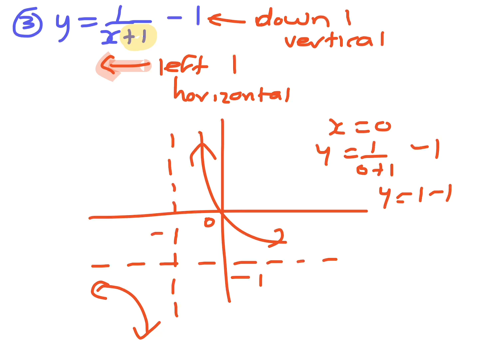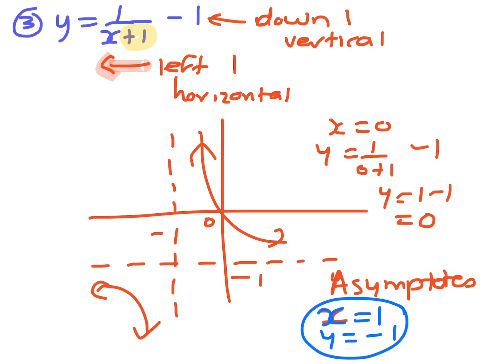So y equals 1 minus 1, which is 0. And if you look at that now, the equations of the asymptotes are basically x equals minus 1 and y equals minus 1.